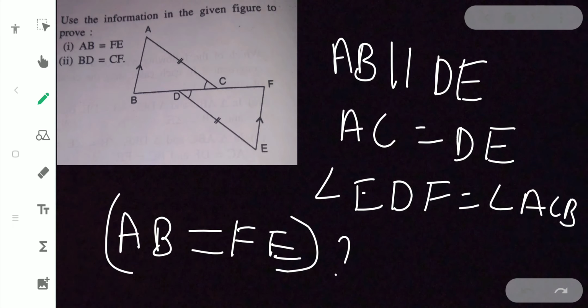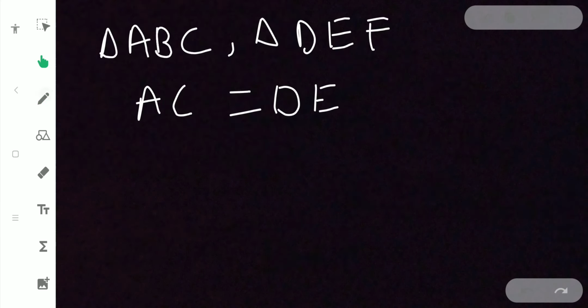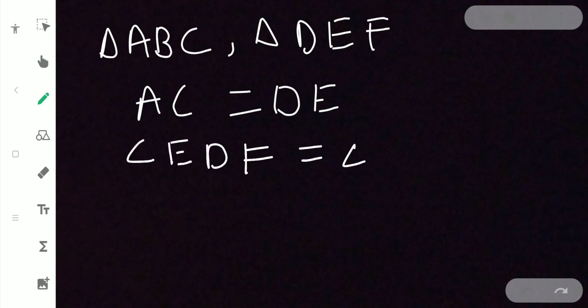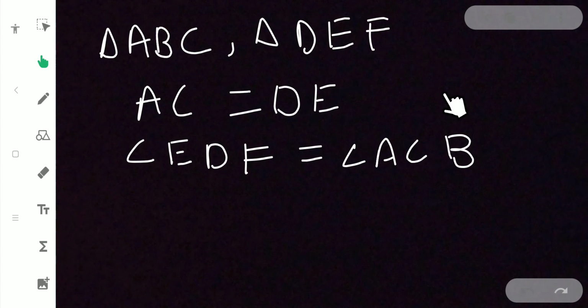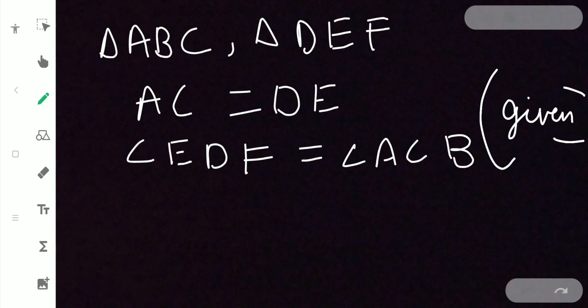That is one information available to us. And here you can see angle EDF is equal to angle ACB. And you can write in brackets for both of them, they are given.